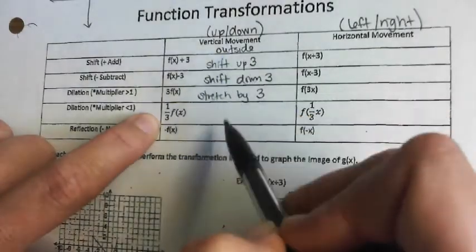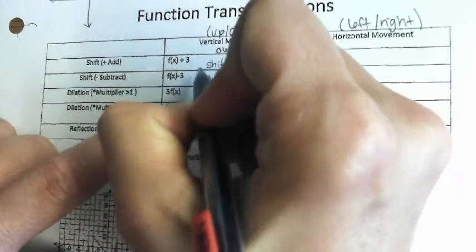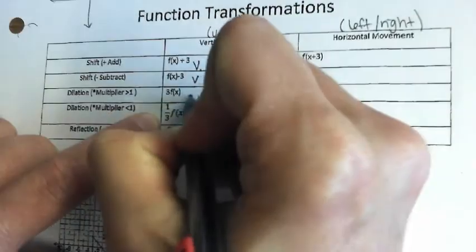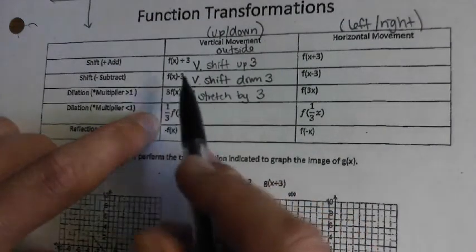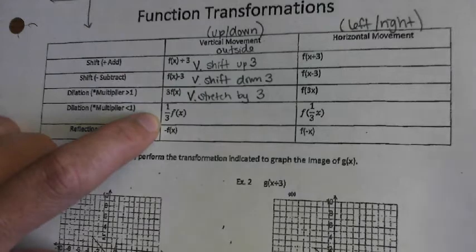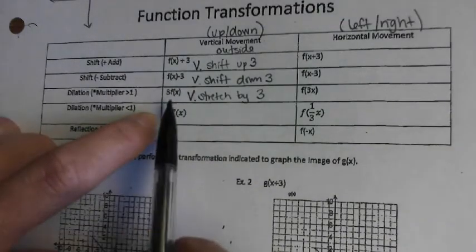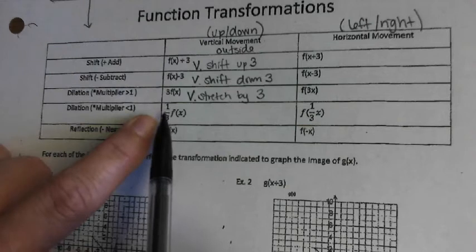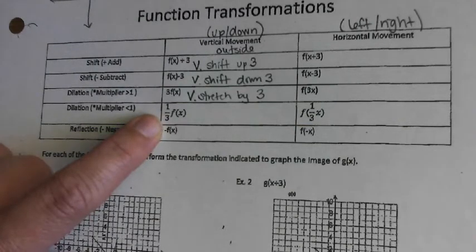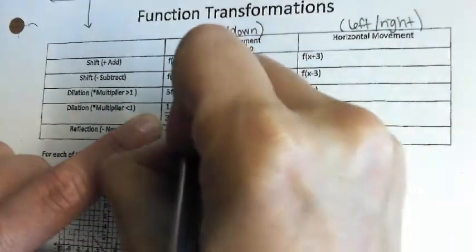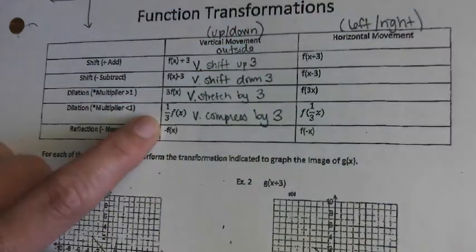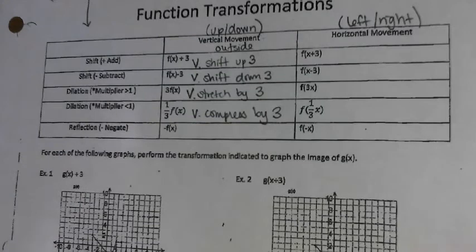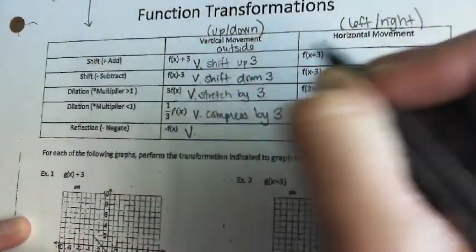And these are all in the vertical column already, so I'm not necessarily putting vertical shift up, vertical shift down, vertical stretch by 3. But when it's kind of an open response, you would always start with horizontal or vertical. This one is multiplying by 1/3. Now, when you multiply by 1/3, you're actually shrinking that y coordinate. So this is a vertical compression by 3. And a negative is a vertical reflection.